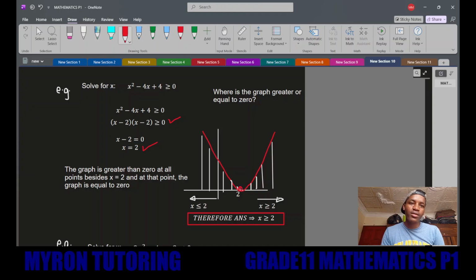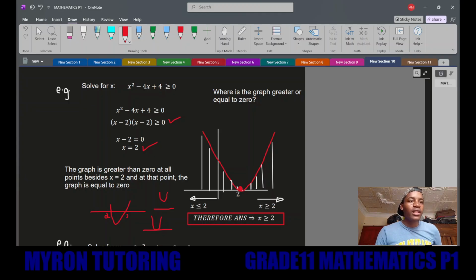And realize that means it cannot go below, because if it goes below, it will touch 2 times. If it goes above, it does not touch. But if it touches once, that means it's like that, as we see here.